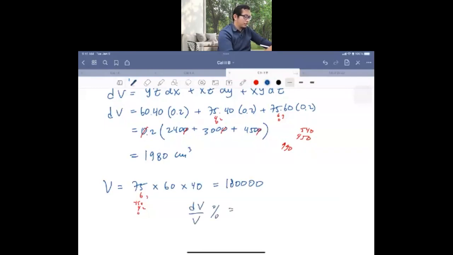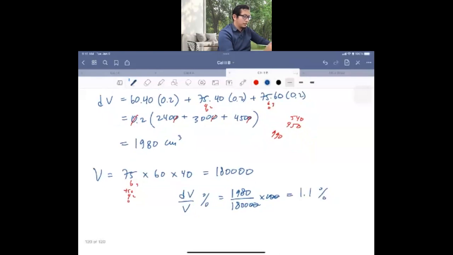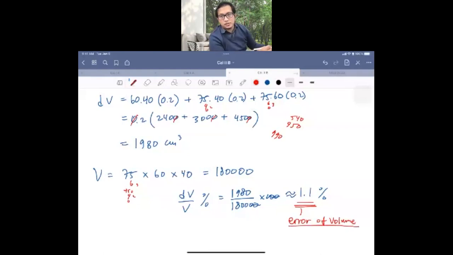If you want to calculate the percentage, multiply by 100. This will be approximately 1.1%, more or less, and we can say that this 1.1% is the error of the volume. So the largest possible error for the volume is 1.1%.